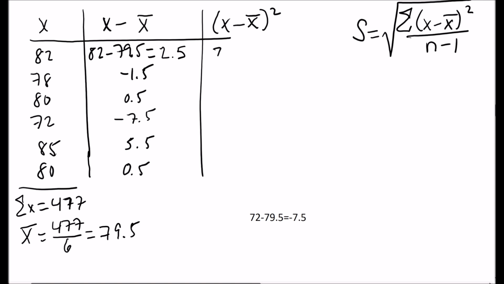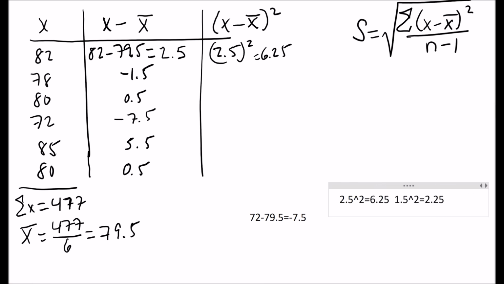So we got 2.5 to the second power, which should be 6.25, but let me double check that. Yep. Then you got 1.5 squared, that should be 2.25. Now, when you square a negative number, you always get positive, so these should always be positive numbers. 0.5 squared is 0.25.